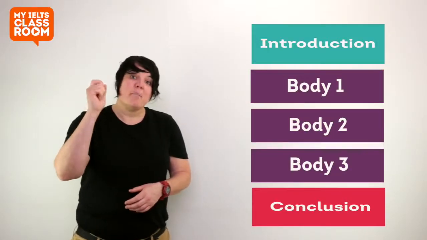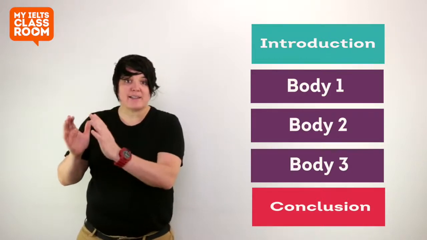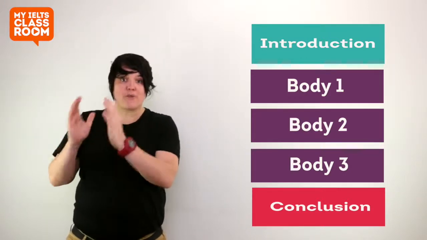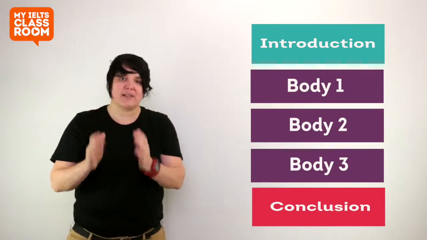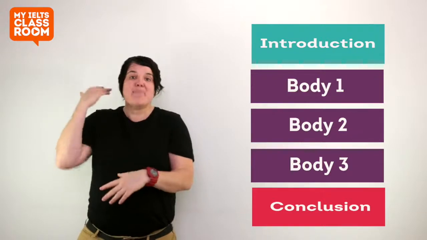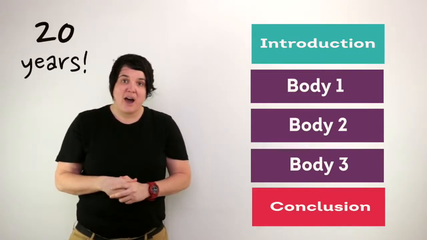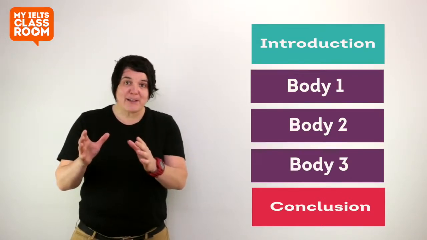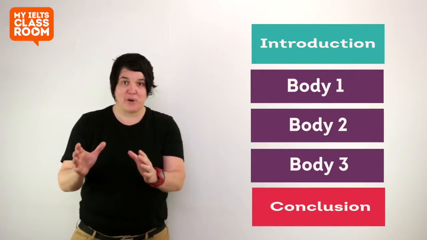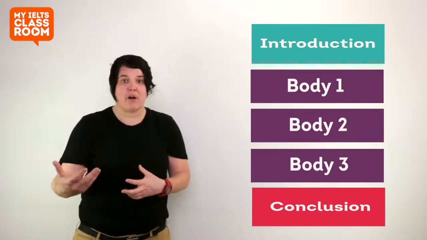This is one big difference between the type of essays we write at school and university and the essay we need to write for the IELTS exam. Way back in time when I was a university student, my essays were 2,000 words long, sometimes even 10,000 words long. Therefore, I would have 10 or 15 paragraphs.